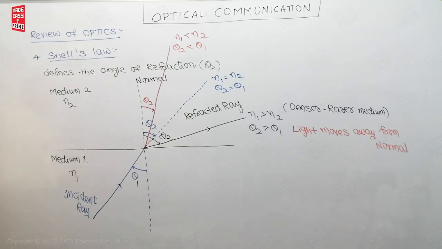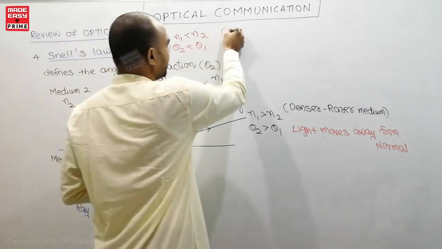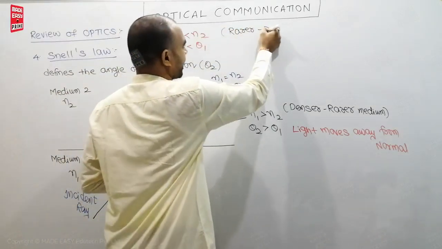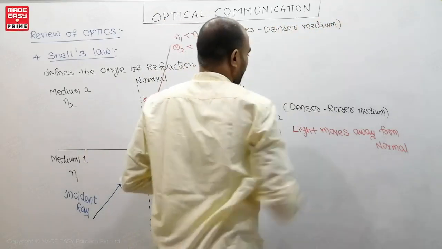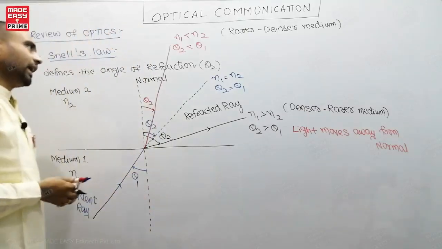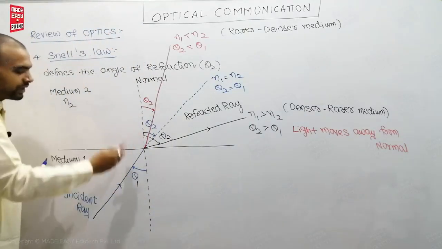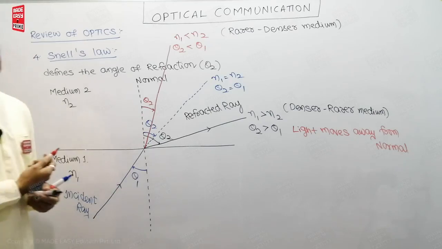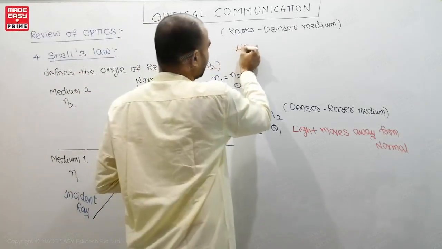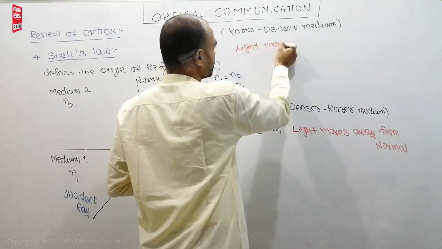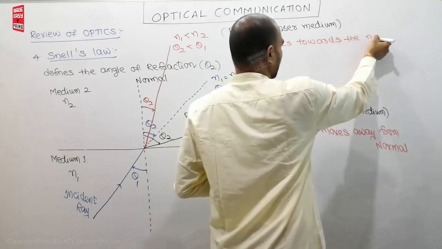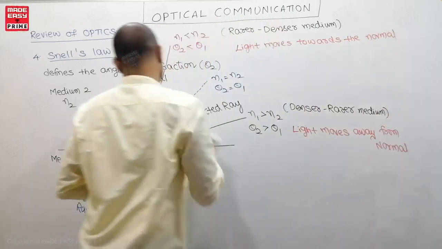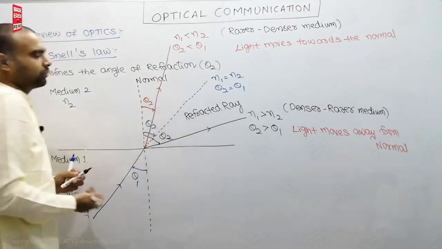This means the light is moving from rarer to denser medium, and the angle of refraction is less than the angle of incidence. Here light moves towards the normal, as shown in the figure.